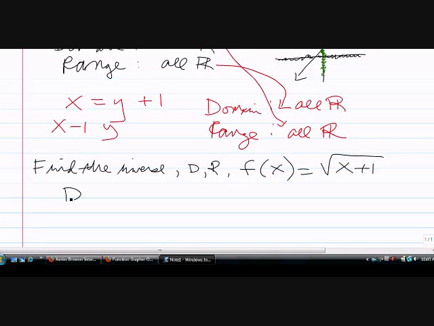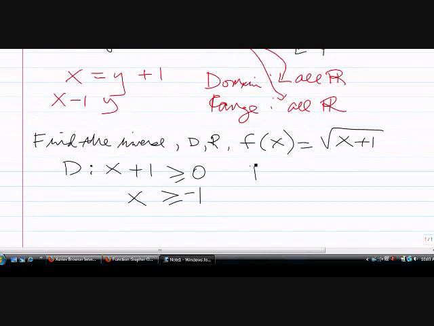We're talking about the real numbers this time and not the complex numbers. So for my domain, for square root functions, I don't want to take the square root of a negative number. So my x plus 1 there under the square root has got to be greater than or equal to 0. So that gives me a domain of x, subtract 1 from both sides, x is greater than or equal to negative 1.